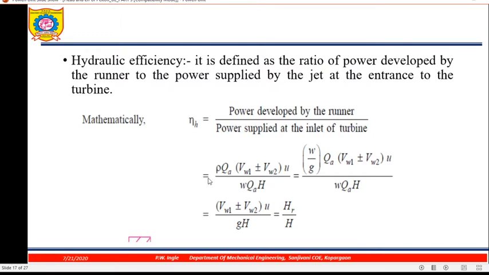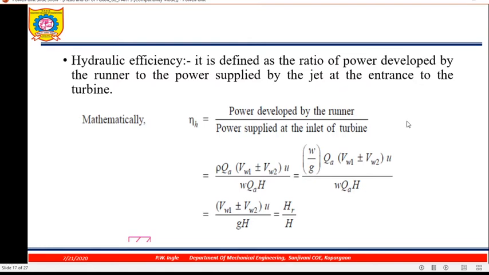Now this W is nothing but rho into g. So that's why W by g Q_A (Vw1 ± Vw2) into u. W Q_A into H is the power supplied at the inlet of turbine. Now see, power supplied at the inlet of turbine is in the form of kinetic energy. Initially, because of dam height, you are getting potential energy.